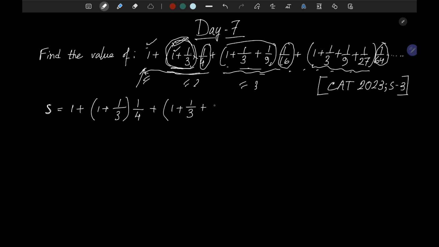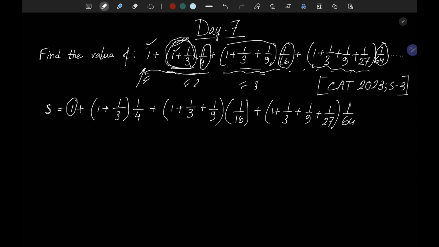I am currently writing the series as it is. Now if we multiplied this one by 1 by 4 and subtracted it from this one, what would we get? We would get 1 by 3 into 1 by 4, because 1 by 4 gets subtracted from the first term.